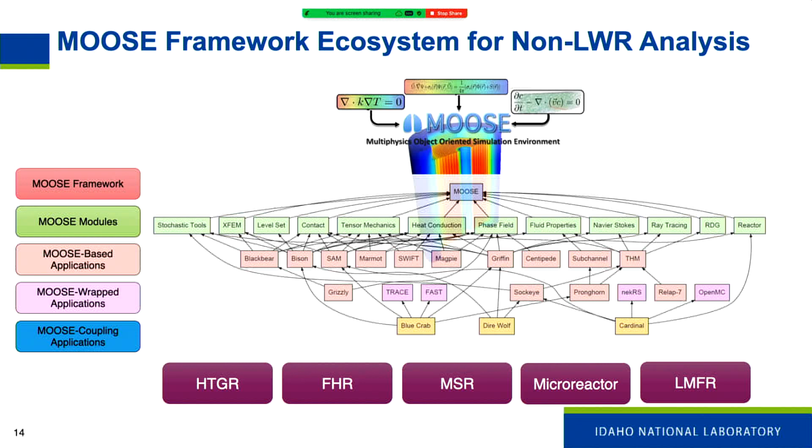So we have codes like Blue Crab, which I'll talk about in a moment, Direwolf, which is a heat pipe simulation tool that combines multiple Moose-based codes, and Cardinal, which you'll learn about again in a moment. So just by using this hierarchy, we can get a ton of code reuse out of the system.